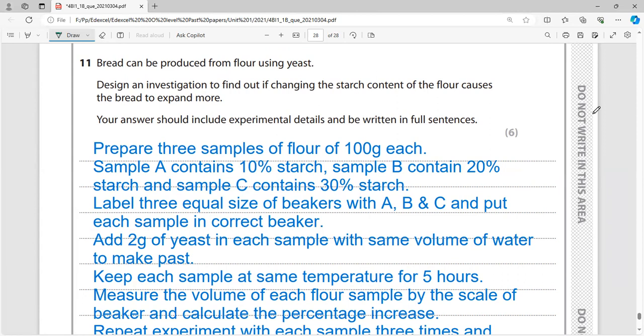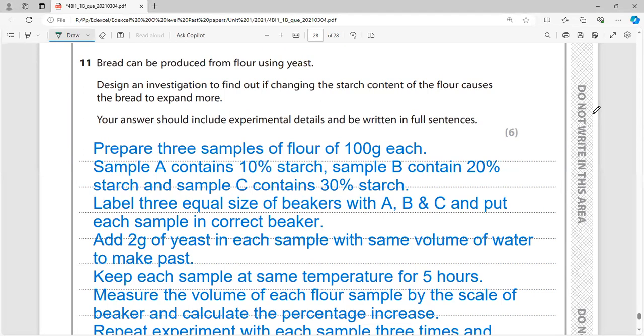In every past paper, there will be one question where you need to design an experiment. And in this experiment, first you need to describe your changing variable, or independent variable. Number 2, you need to describe your constant variables. Number 3, you need to describe your control variable or your dependent variable.